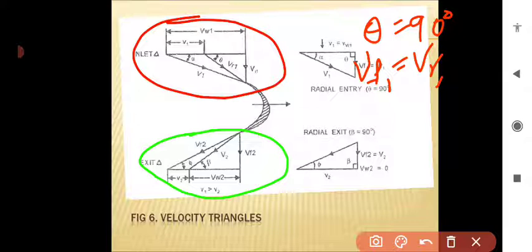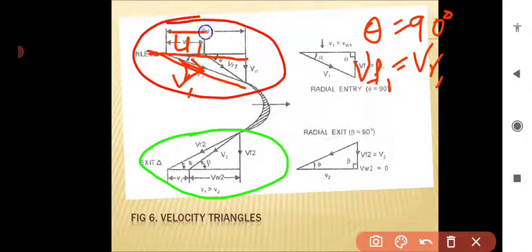And the water impinges on the blade with a velocity V1, and the blade is moving with a velocity U1, and the remaining velocity is the relative velocity, because here theta is equal to 90 degrees.